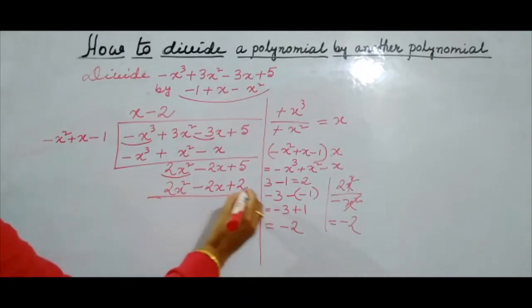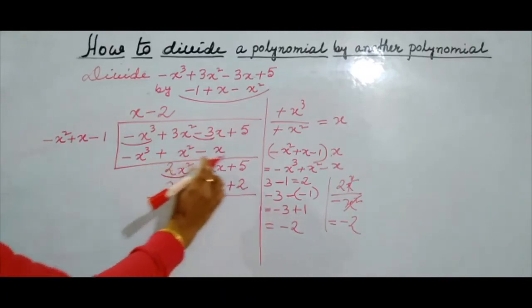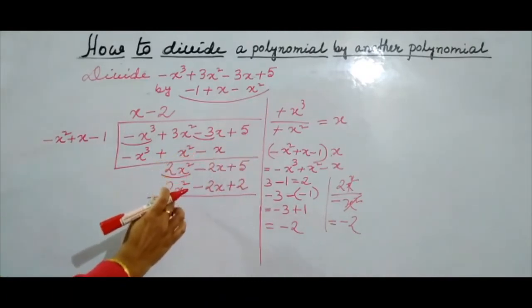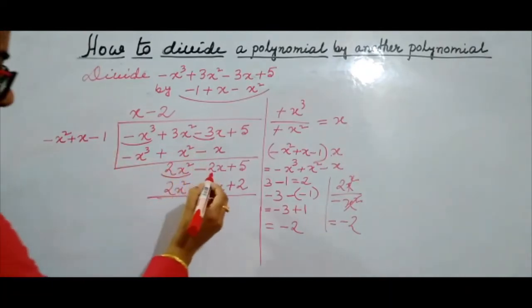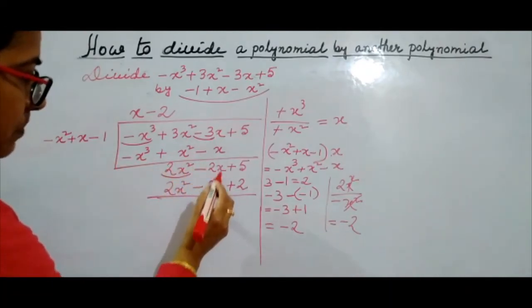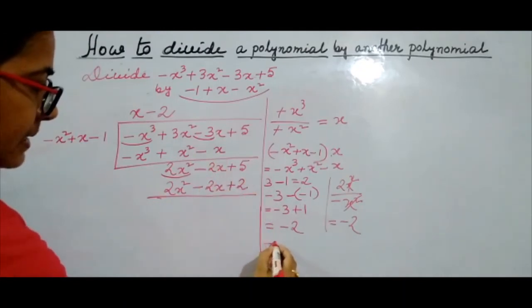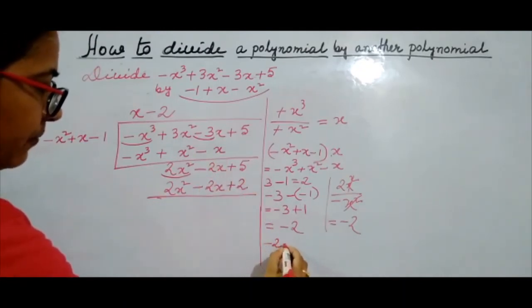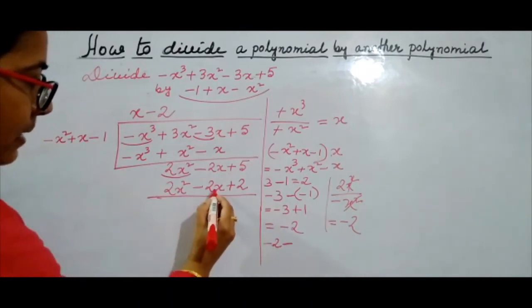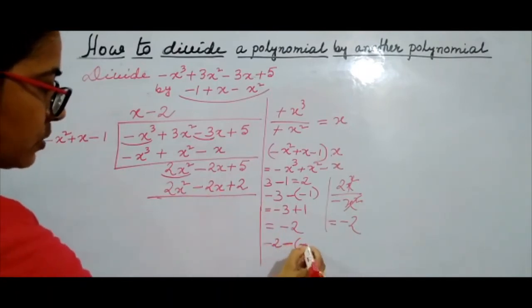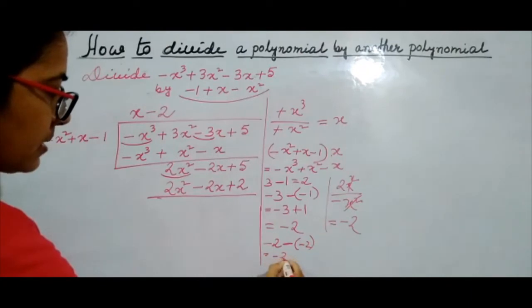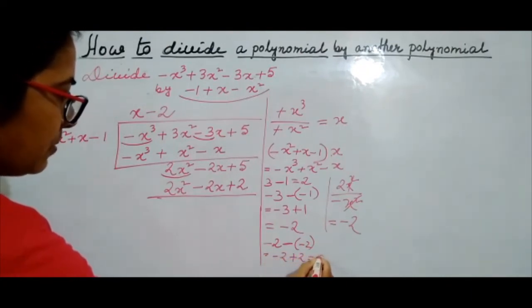Now again, like before, we are going to subtract it from this polynomial. This minus this 0. Now you can check. This minus this also will be 0. I'll show you. Coefficient of x is what here? Minus 2. We are subtracting, for that one minus sign, and coefficient of x here it is minus 2. So we are getting minus 2 plus 2, which is equal to 0.